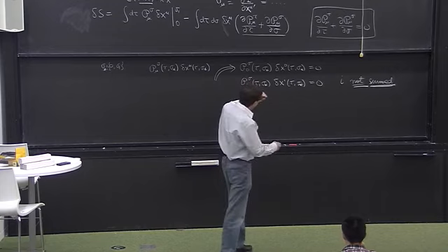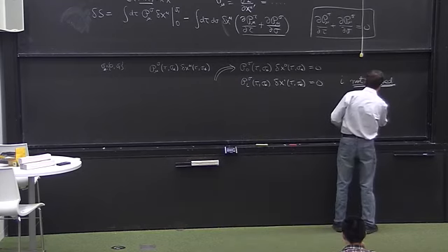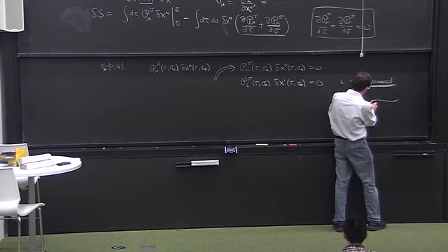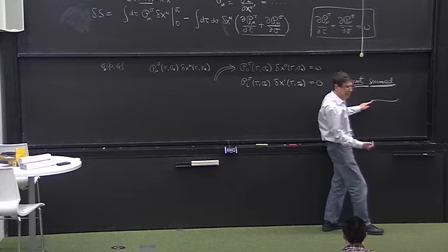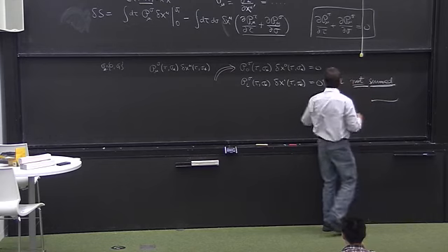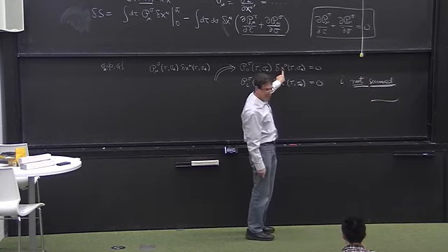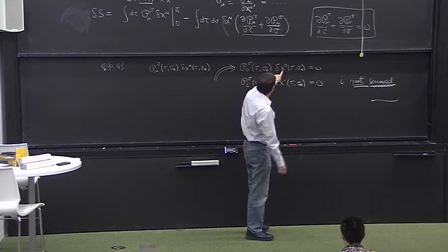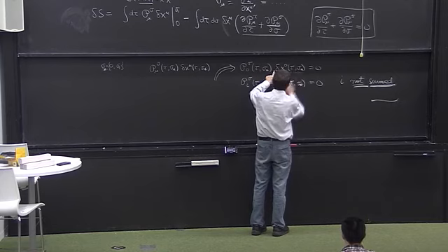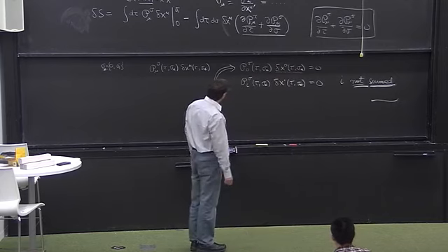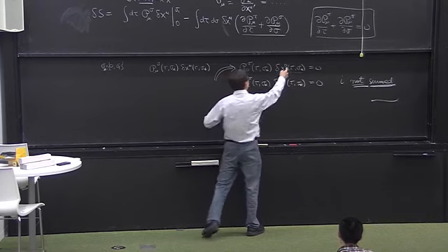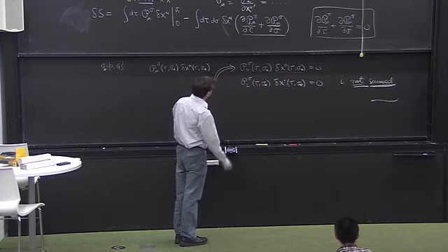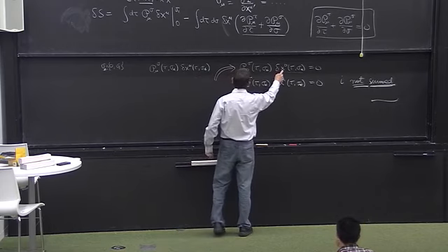This string has an endpoint, and the endpoint is like a particle, and the particle has to move in time. So its x0 position cannot be held constant. It's totally unphysical to hold it at 0. So delta x0 cannot be fixed. It must evolve. As tau changes, the time on that endpoint of the string must change.